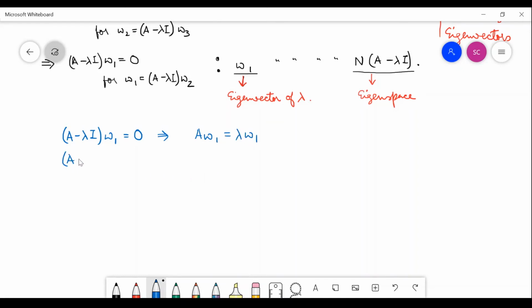We have also seen that A minus lambda I omega 2 equals omega 1. See this one. This implies A omega 2 equals lambda omega 2 plus omega 1. Same way we can proceed, and the final relation that we had was this, omega k minus 1.